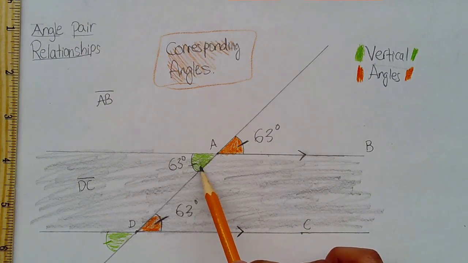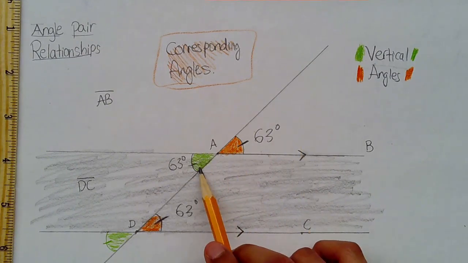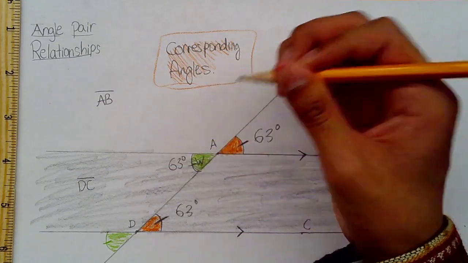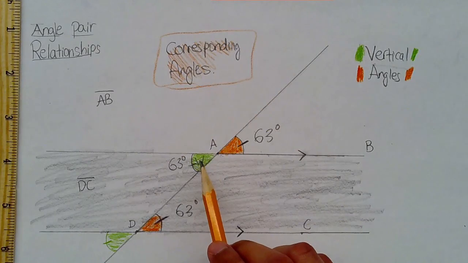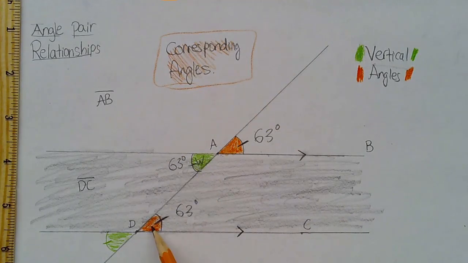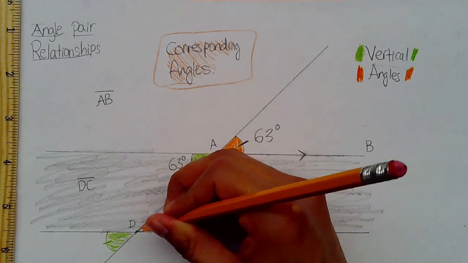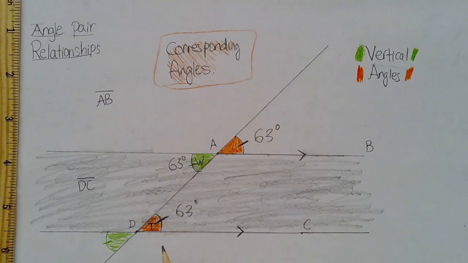This angle over here that I'm going to call, what should we call this? Let's call it angle W. Angle W in green. And this angle I'm going to call angle T. I hope that's visible.